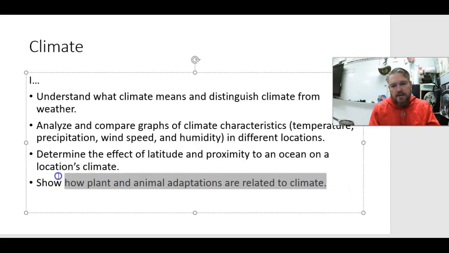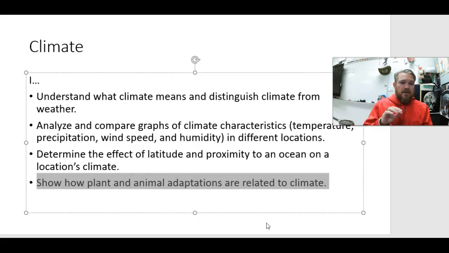I wanted to throw this in there because this actually will relate to aquatic environments as well. If we know the climate in an area, we can predict what the aquatic system will look like in that area, and that can also help us predict what types of animals or organisms we could see there.